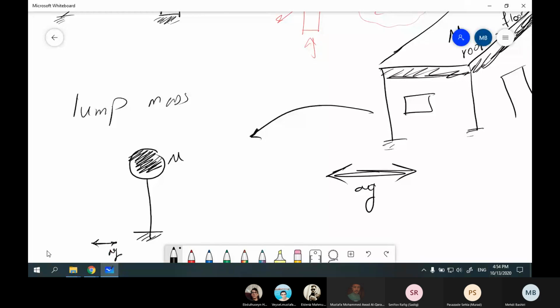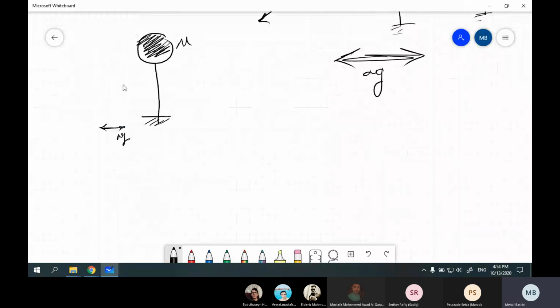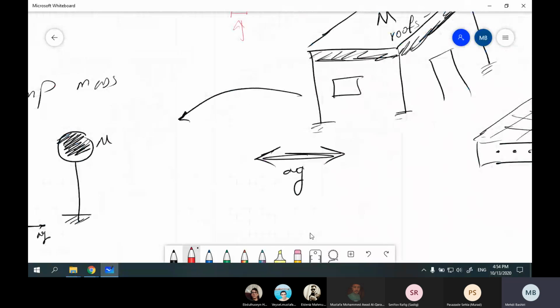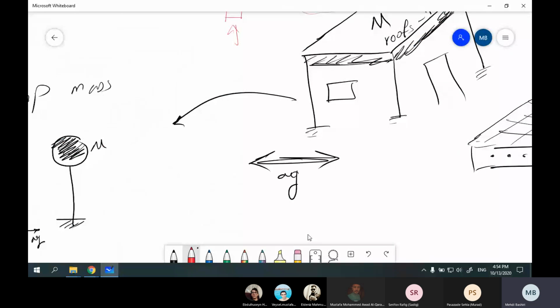So far, we have the weight and the ground acceleration. What next? When you have shaking, when you have an earthquake, you should put something in your structure to resist the earthquake.